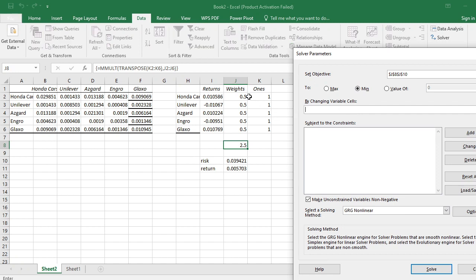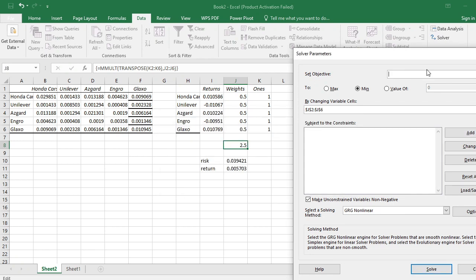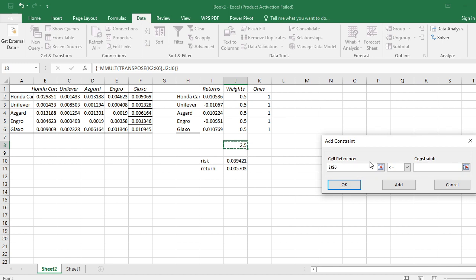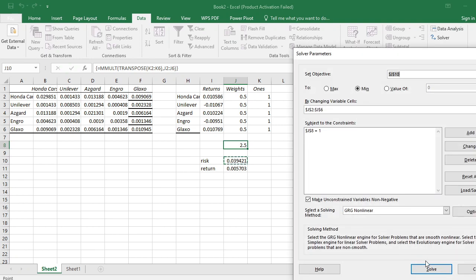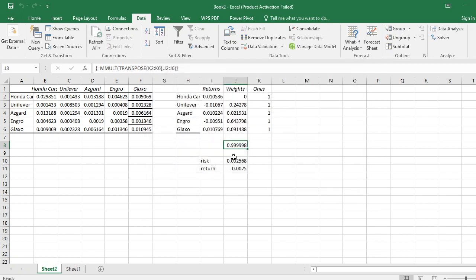I want to let the Solver change these cells, and I have a constraint that this thing should be equal to 1. Press OK, and the Solver found a solution which is 64% wealth in Engro and 0% in Honda.